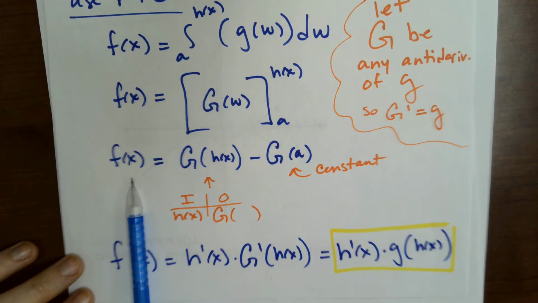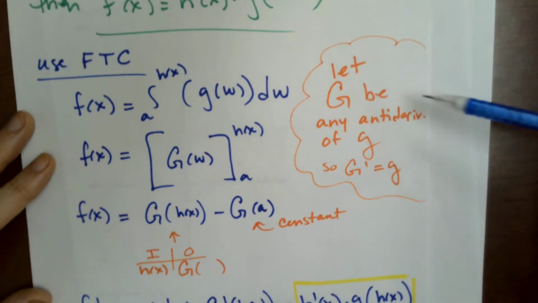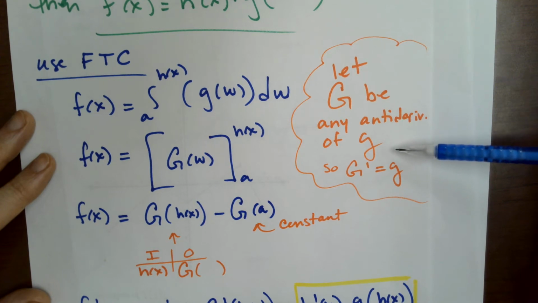So the derivative of f, for the chain rule part, is h prime of x, and then g prime of blank, and then h goes back in. But then, guys, remember how I defined capital G. Capital G is any antiderivative of lowercase g.